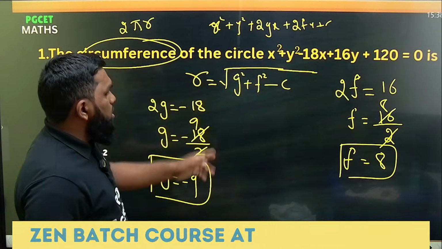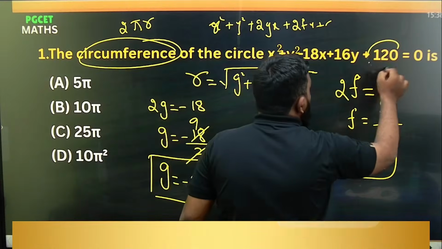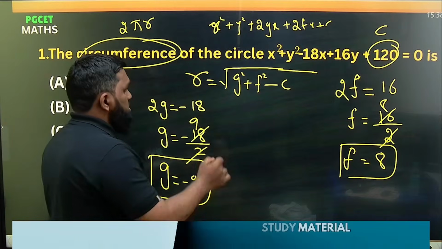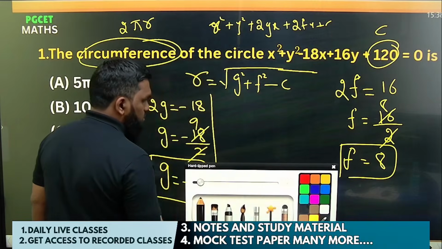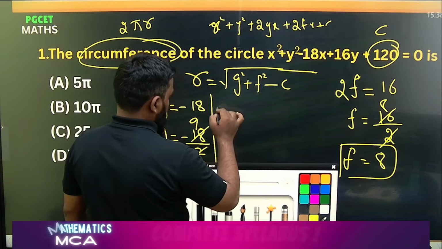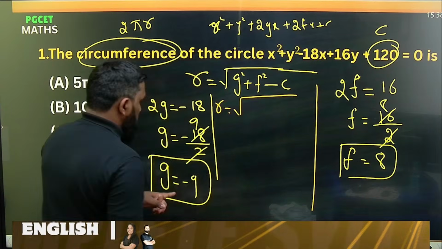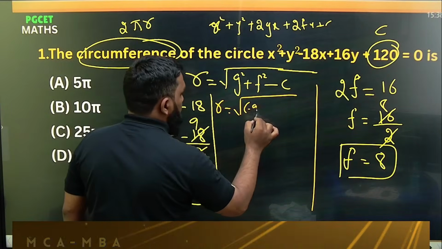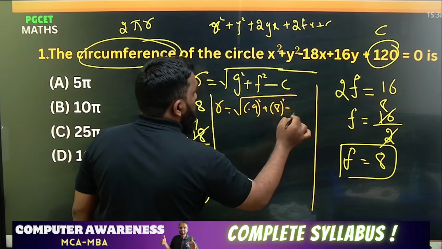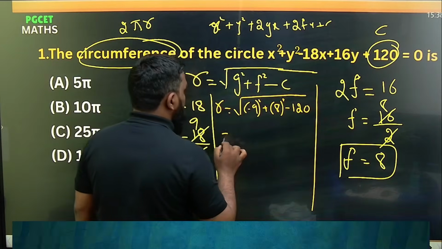Now we put the f and g values in the formula, and c is the constant value. R equals the square root of the value of g, minus 9 square, plus the value of f, 8 square, minus c, that is 120.